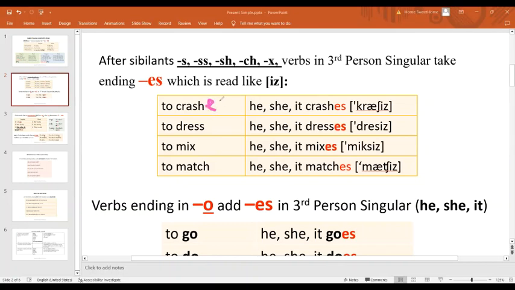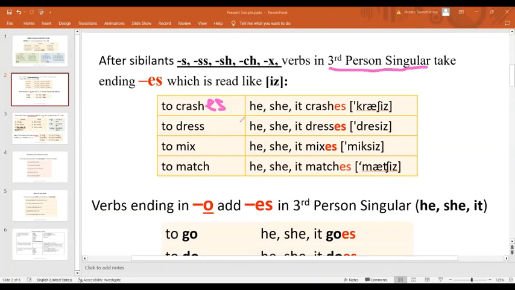When we add es, now our language becomes very beautiful. And we say crashes. Here are the pronouns of the third person singular. Pronouns are he, she, it.